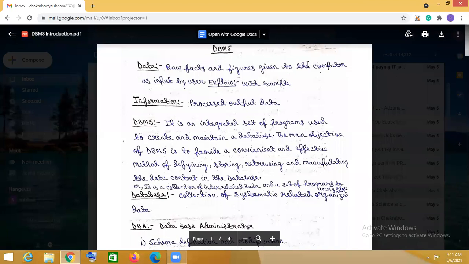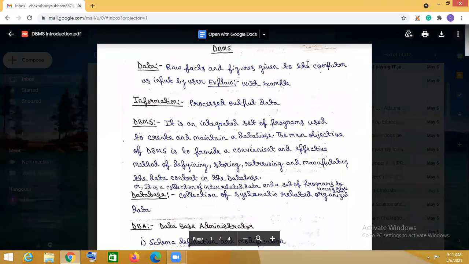And in the case of information, if we write roll number 75, that means it has the total concept. It is the processed output data. We know about that data. So that's why this is called information. If we write only a number, only 75, then it doesn't mean anything.